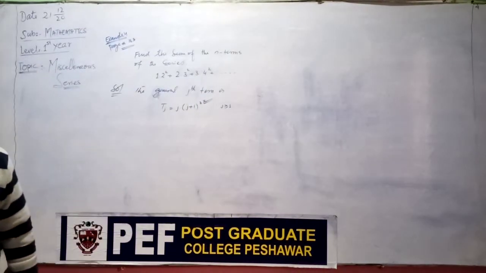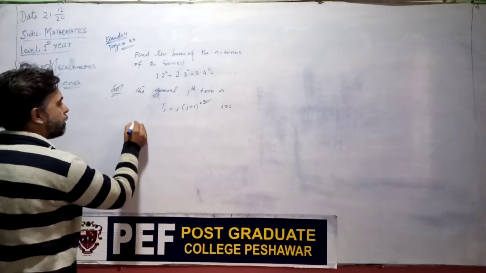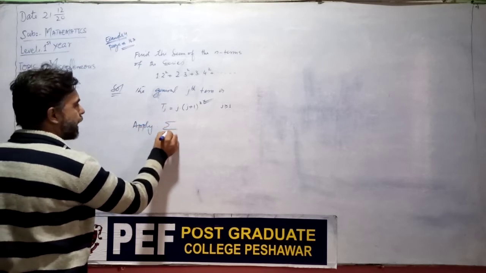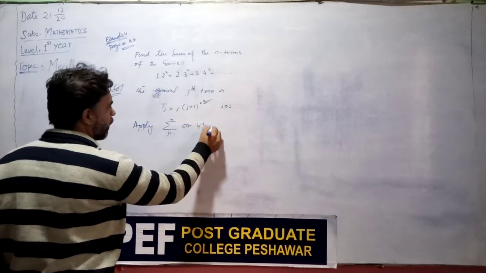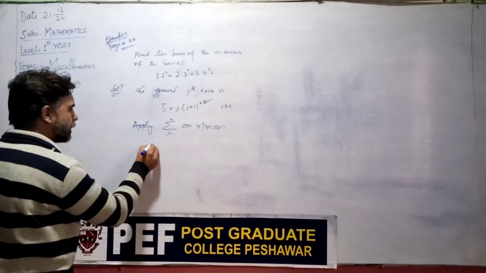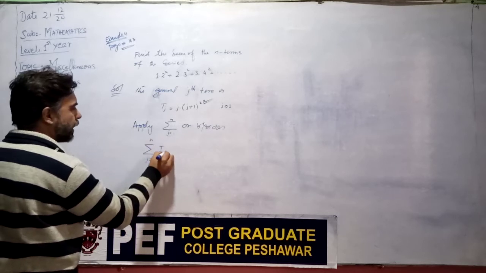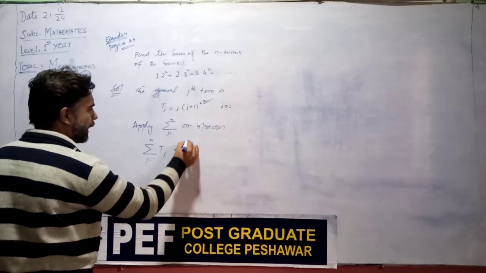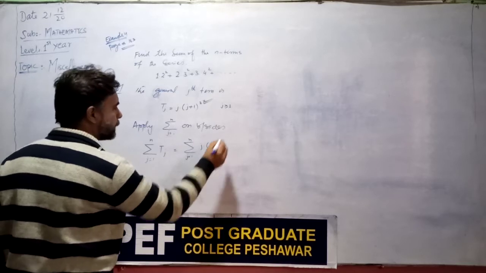Now, to find the summation of this series, we are just going to apply the summation, j varies from 1 to n, on both sides. Summation j from 1 to n of Tj equals summation j from 1 to n of j times (j plus 1) whole squared.